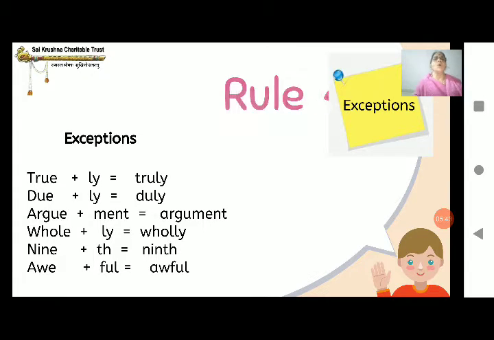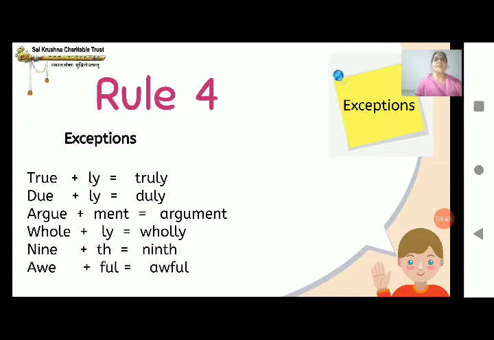Now, as I told you, we have exceptions for everything. Here also you have exceptions. Let's look at it. True, T-R-U-E. The last letter is E. And what is the suffix here? Ly, L-Y. What is L? Good. It's not a vowel. It's a consonant.